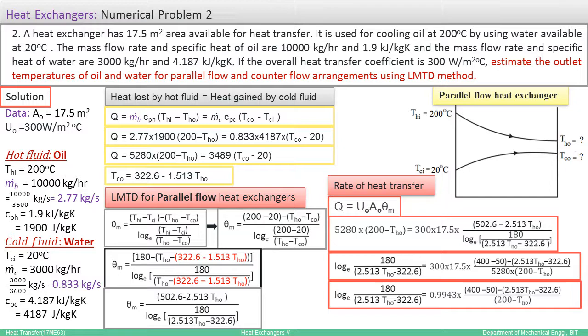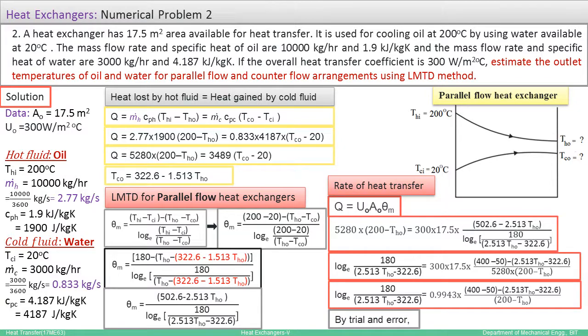It won't go to the extreme ends, so that is a reasonable guess. You have to try out different values of THO and check whether the LHS becomes equal to the RHS. So this is the difficulty I was expressing earlier. When you don't know these outlet temperatures and you have to use the LMTD method, this difficulty is experienced.